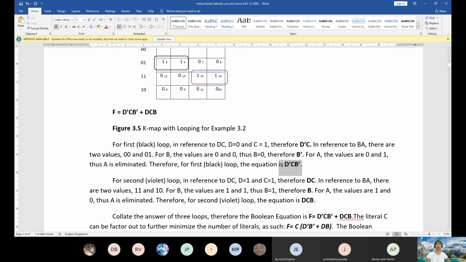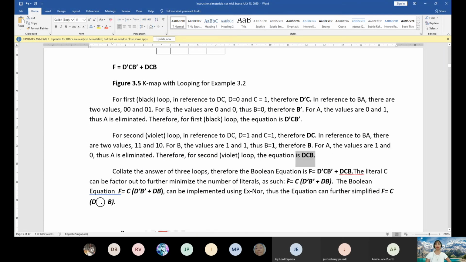So we have D prime C B prime and DCB. From this we can factor out C, such that F is equal to C times D prime B prime plus DB. But again, D prime B prime plus DB is actually equivalent to an XNOR.